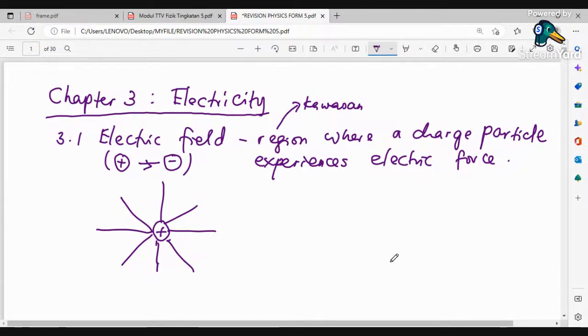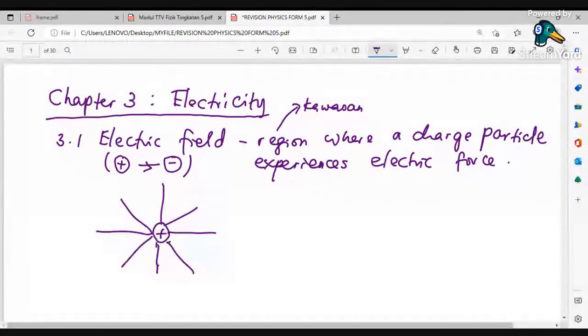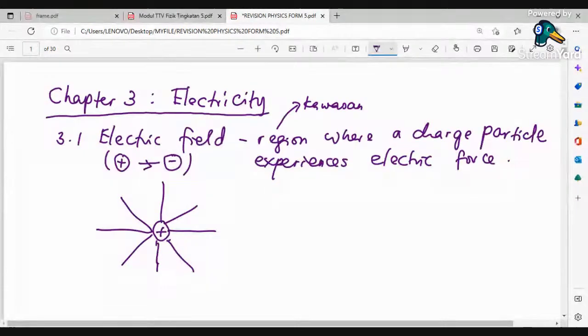So the direction that you should mark here is outward.